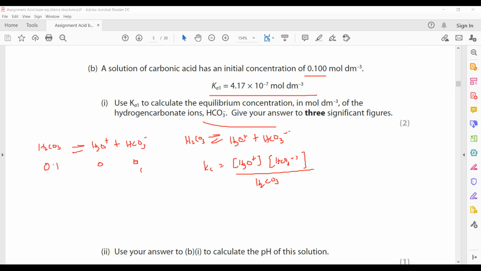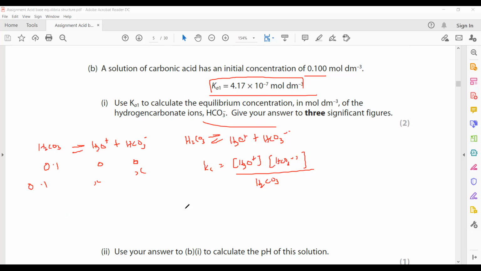At equilibrium, this will be x, this will be x, so this will be 0.1 minus x, but our assumption is that x is negligible, so we neglect that. So we have Ka, we already worked out the expression, and the Ka value is given in the question, which is 4.17 × 10^-7.